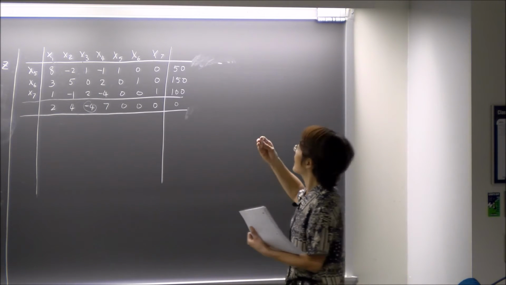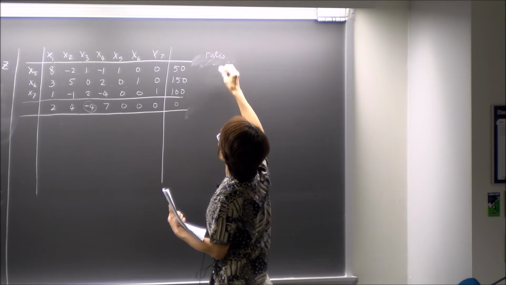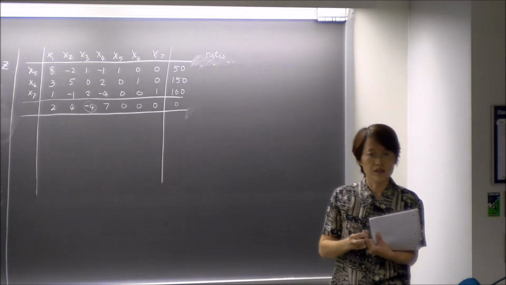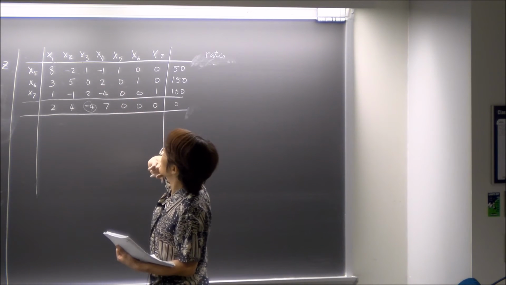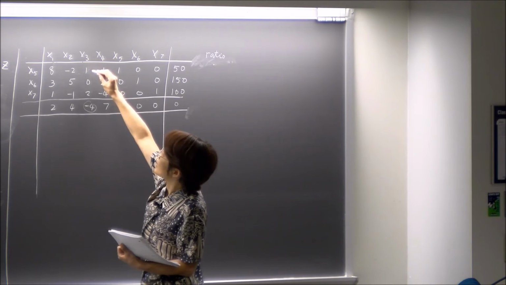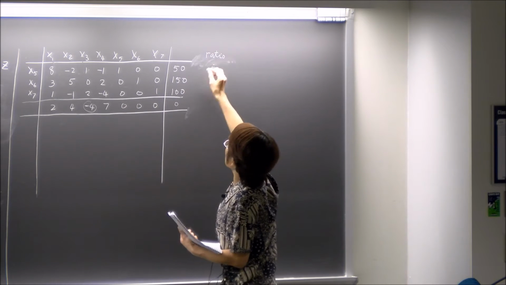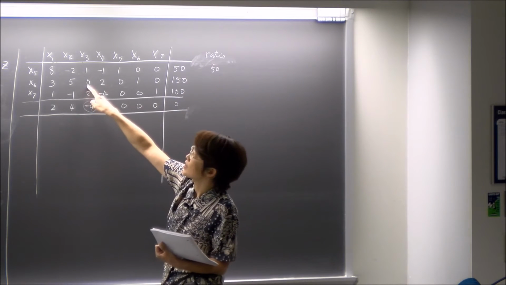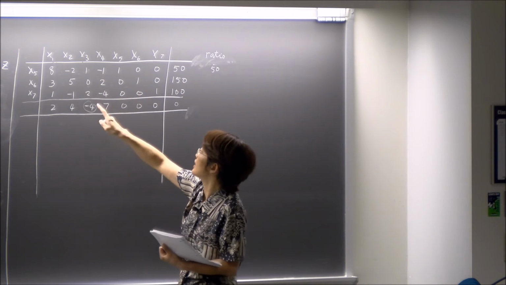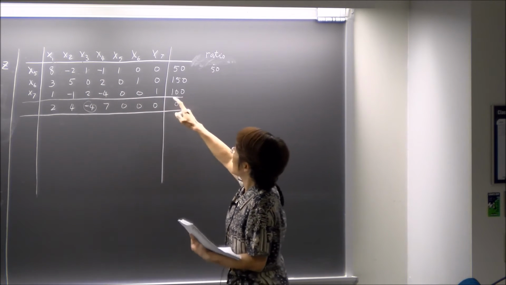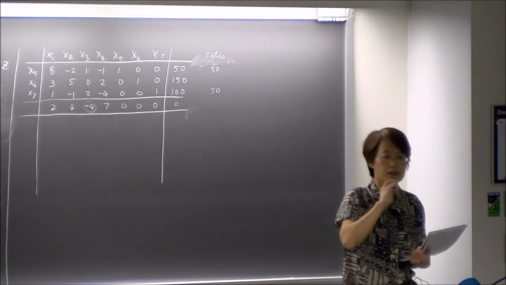The ratios. Is that right? I'll just write it at the side. Okay, so for which numbers do I need to compute the ratio? For this one, 50 over 1 gives me 50. Do I need to compute the ratio for this one? No, it's 0, right? So I don't need to. And then for this one, 100 over 2 is 50. Now what do we do?